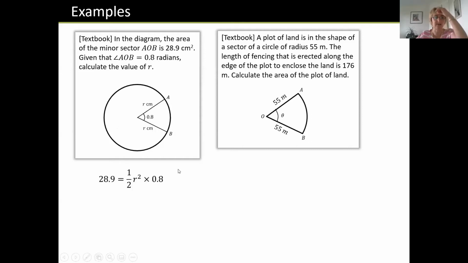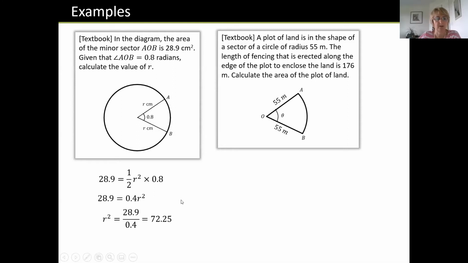Okay, so let's drill down into that. We already know that the area is half r squared theta. So if we replace the area with 28.9, and theta is 0.8, that gives us that 28.9 is half of 0.8, which is 0.4, so it's 0.4 r squared.